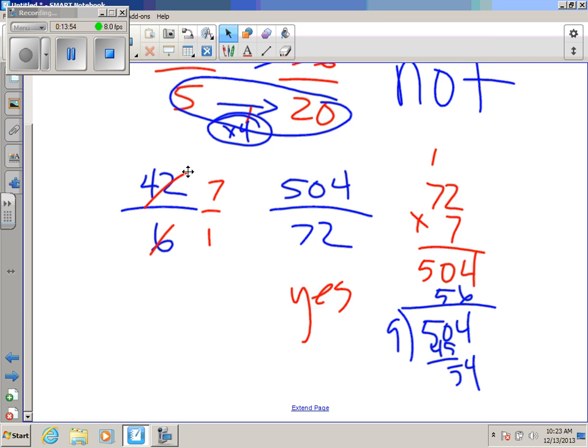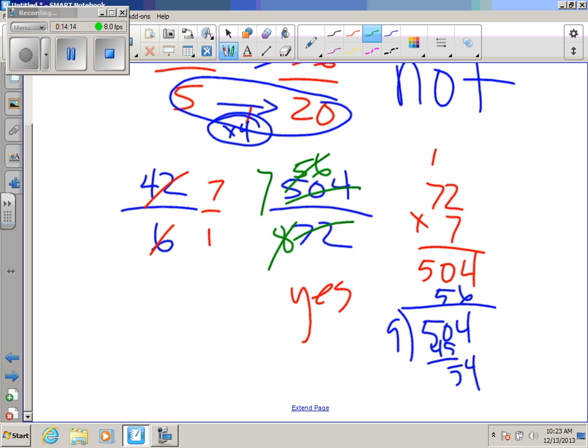So now we've got 56 over 8. 1 times 8, 7 times 8, does it give us 56? Again, it works. Can I simplify even more? 56 and 8 both have 8 in common. How many 8s are in 56? 7. How many in 8? 1. 7 over 1 equals 7 over 1? Yes, it does. So many different ways you can test it.